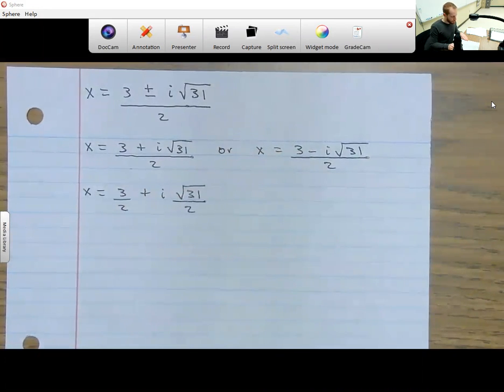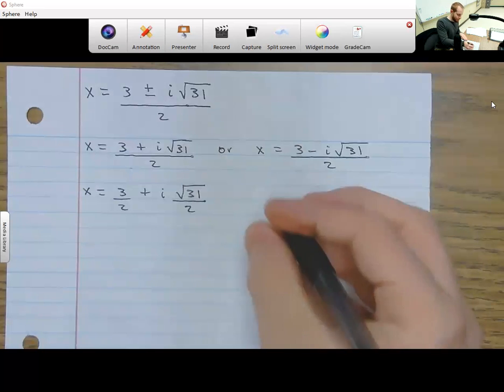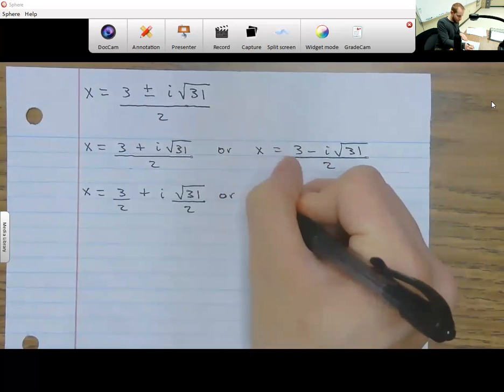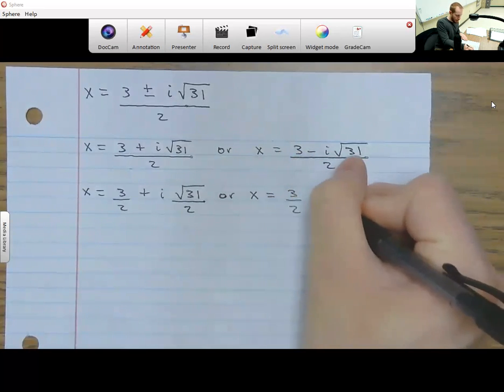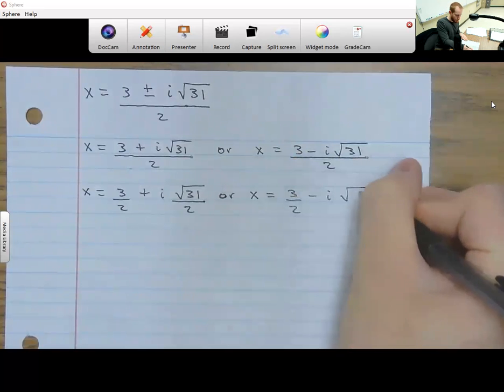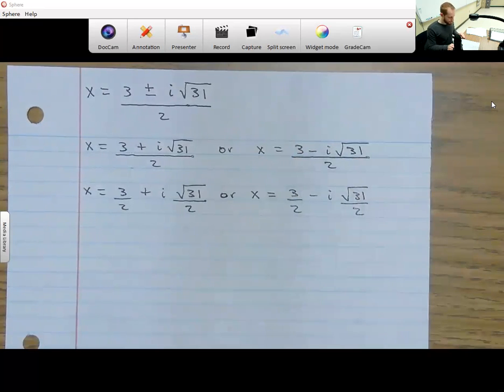So I could break it apart into two fractions like that, where my real part is 3/2 and my imaginary part is square root of 31 over 2. But then, I'm going to have to do the same for the negative answer, right? I could break this apart as 3 over 2 minus I times the square root of 31 over 2. And then after that, I can't simplify anymore. I'm done.